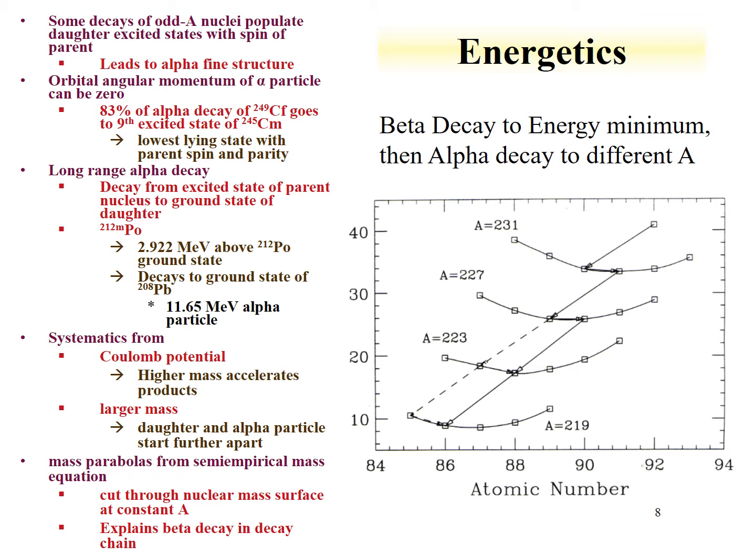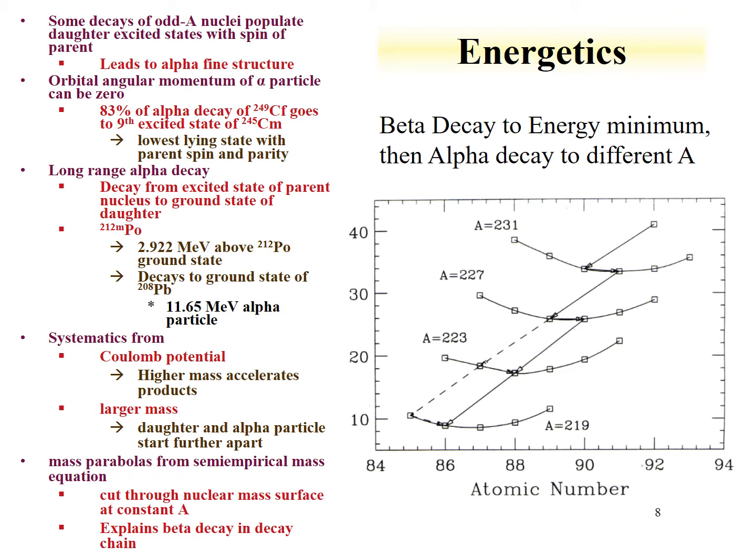We can also observe something called long-range alpha decay, which is really the decay from a metastable state to a ground state of the daughter. So for instance, polonium-212m sits about 3 MeV above the polonium-212 ground state, and it decays to lead-208 directly with an alpha particle of about 11.5 MeV.